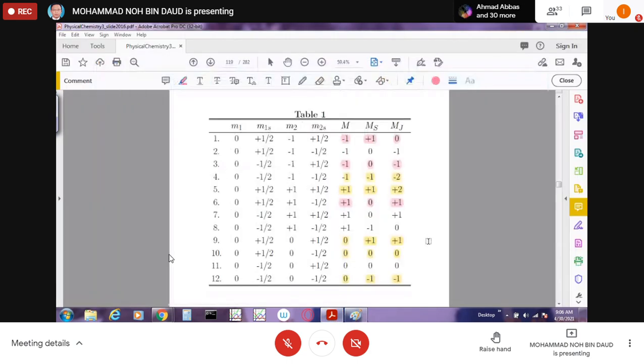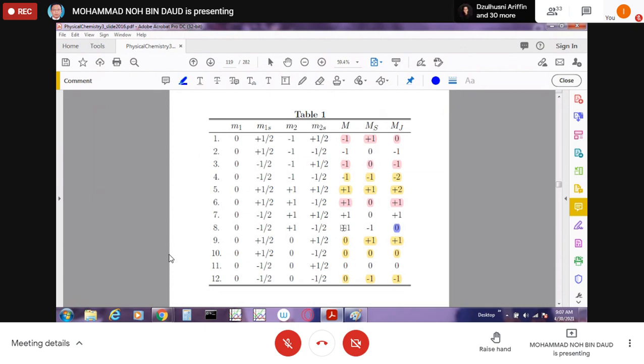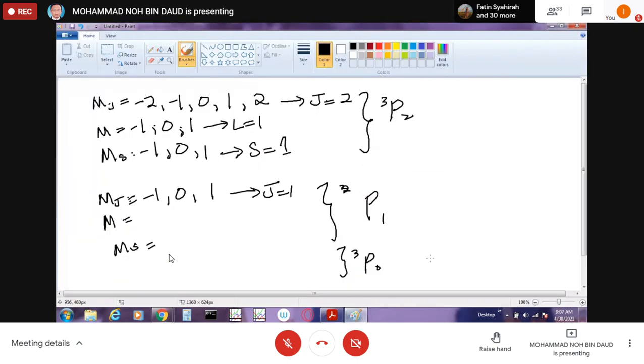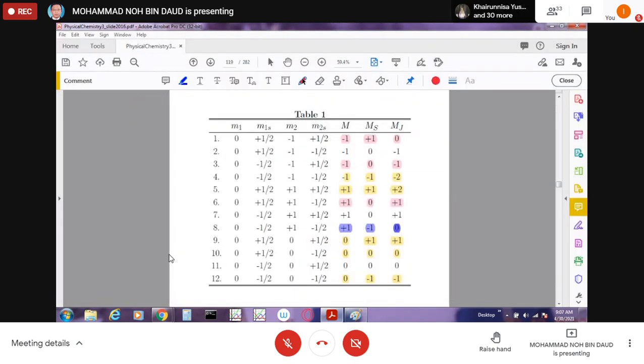Okay, by here choosing this one. Okay, so we can have here also for the triplet P0, and we have also here this one, and this one.